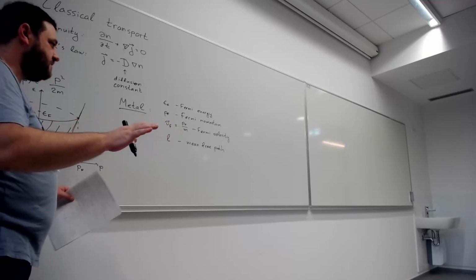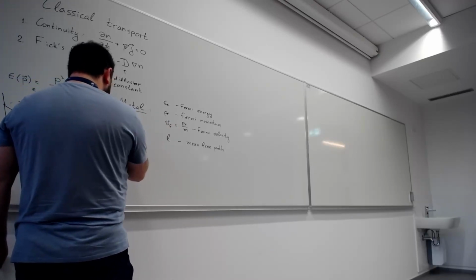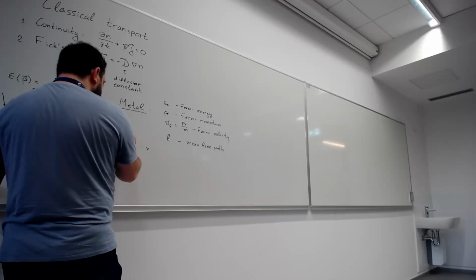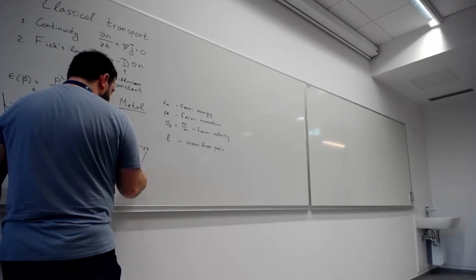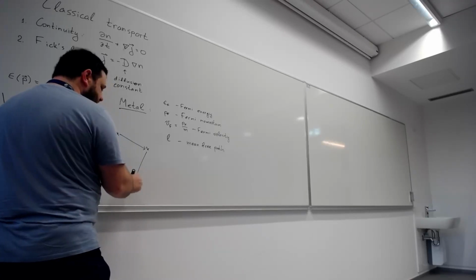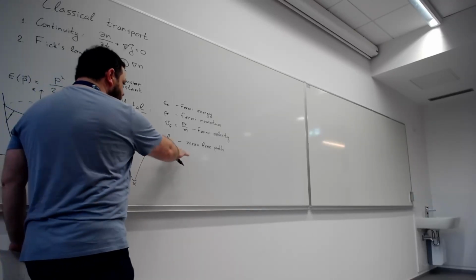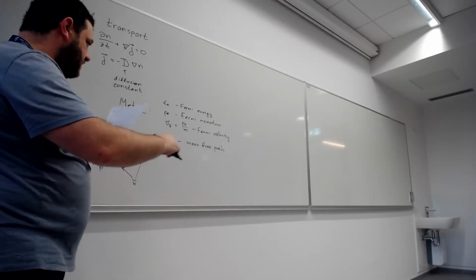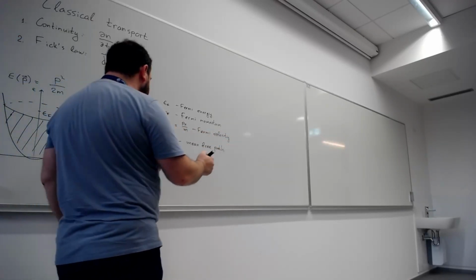They get scattered, and you can think of it as just having real impurities, and the electron scattering off these impurities can have some complicated path. And L, the mean free path, is the characteristic distance that an electron can propagate before it gets scattered.